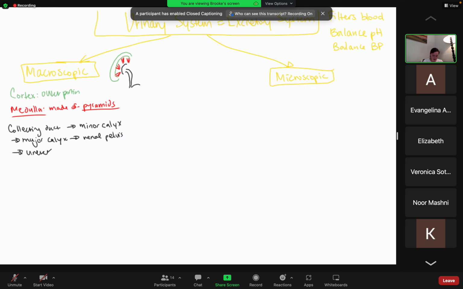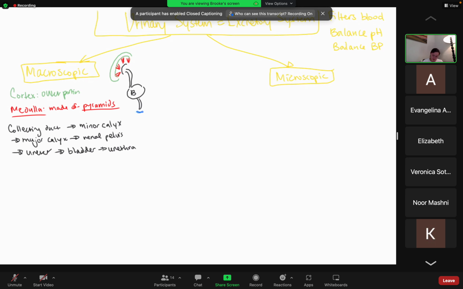Our ureter is connected to our bladder, B for bladder. And then our bladder is connected to our urethra, which is either in the penis or basically just passes through to the outside for females. So here's my urethra. The urethra has 2 different sphincters, which you do need to know.